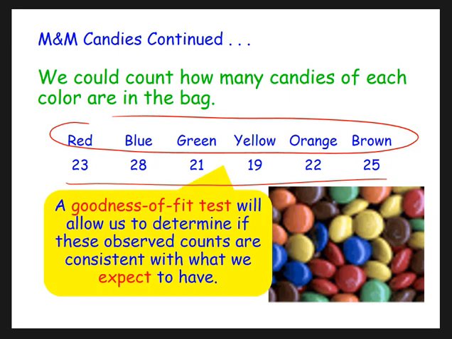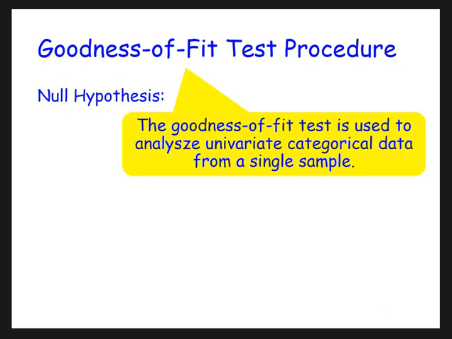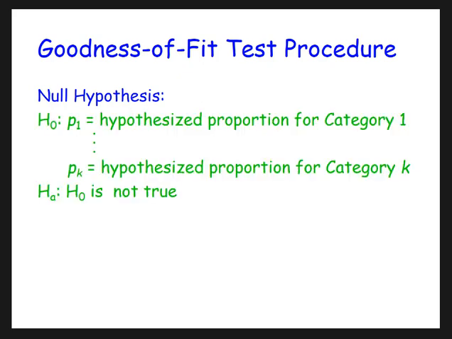A goodness of fit test is taking a purported, claimed percentage for each category and comparing them to the observed percentages, the observed frequencies. So our null hypothesis is always whatever the claim that's being made. The goodness of fit test is used to analyze this, and our claim is just whatever they say the proportions are supposed to be.